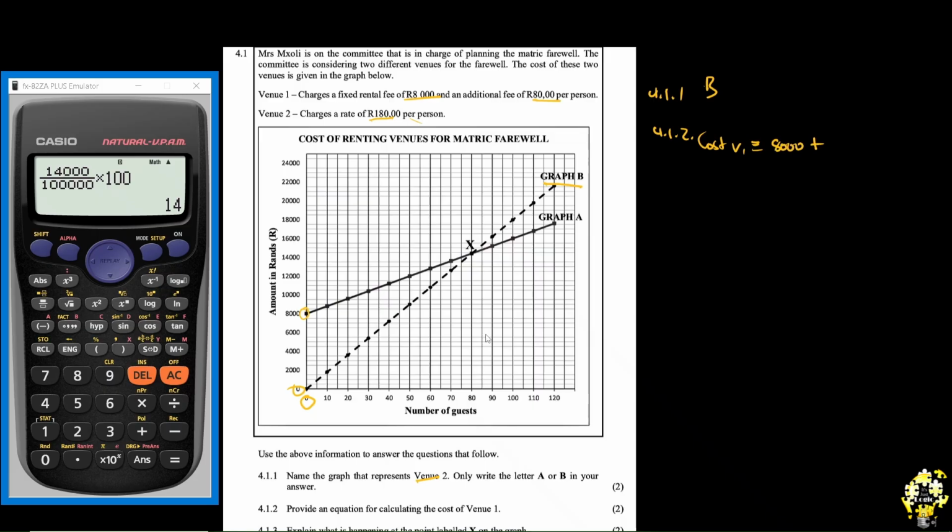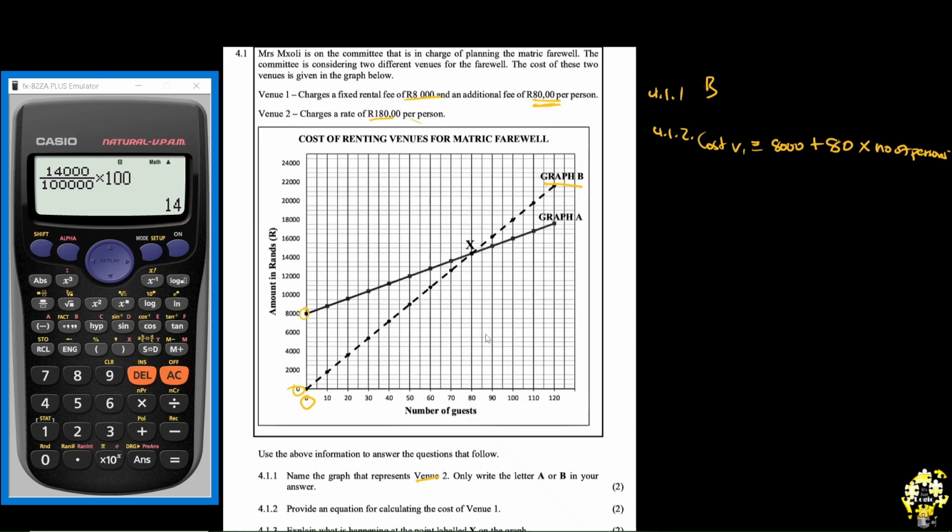And then you will plus it by the cost price, which is per person, it's 80. So you're going to say plus 80. And then you multiply it by what? By the number of people that are going to come. So number of persons. Yeah, I know what you're thinking.